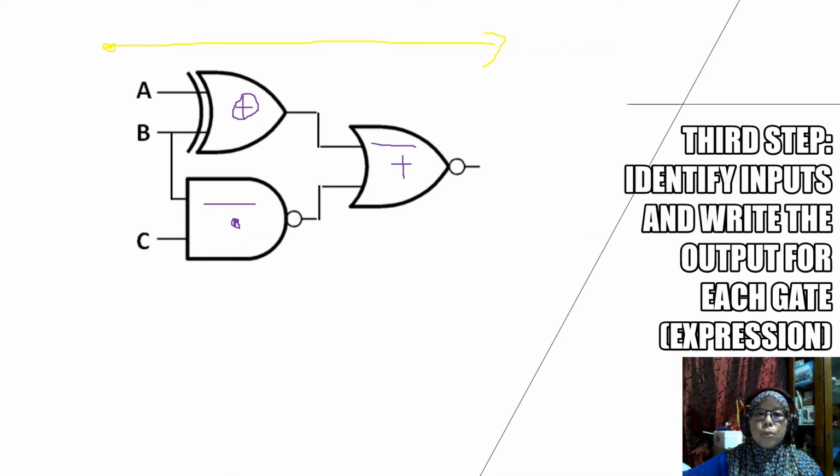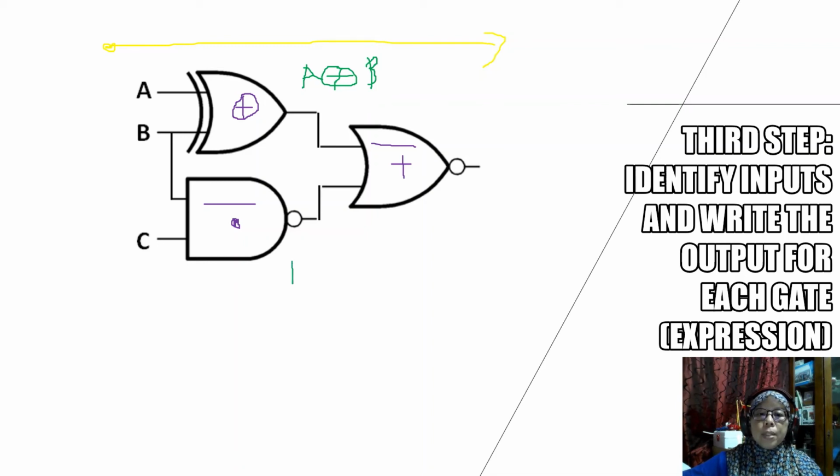Now we go to the first gate, which is exclusive OR gate. So untuk exclusive OR gate, 2 inputs involved adalah A dan B. So dihubungkan dengan exclusive OR. So cara kita tulis adalah A exclusive OR B.